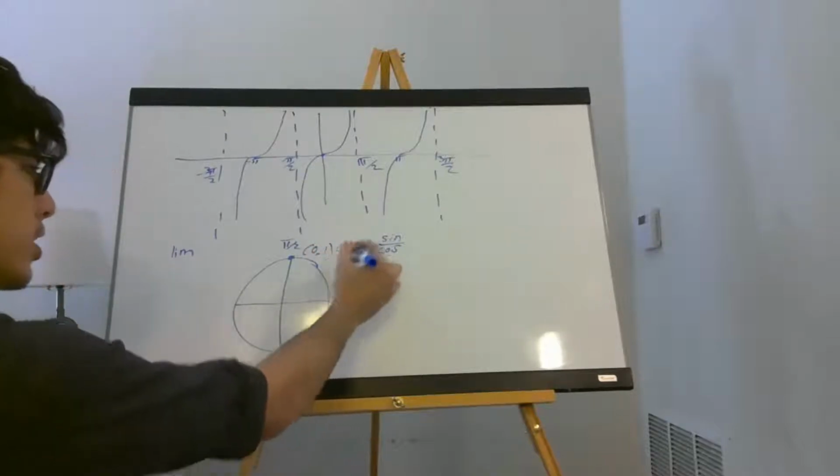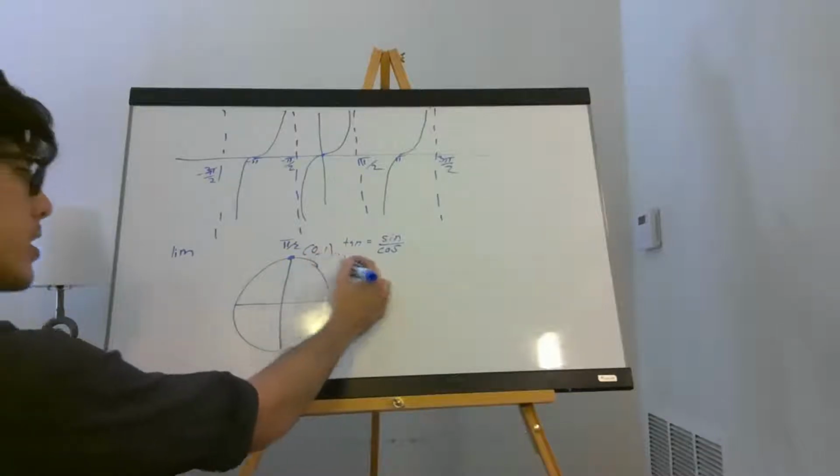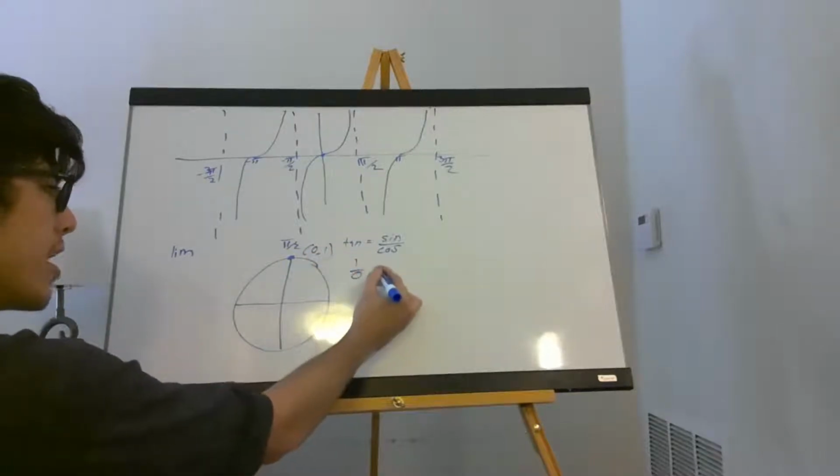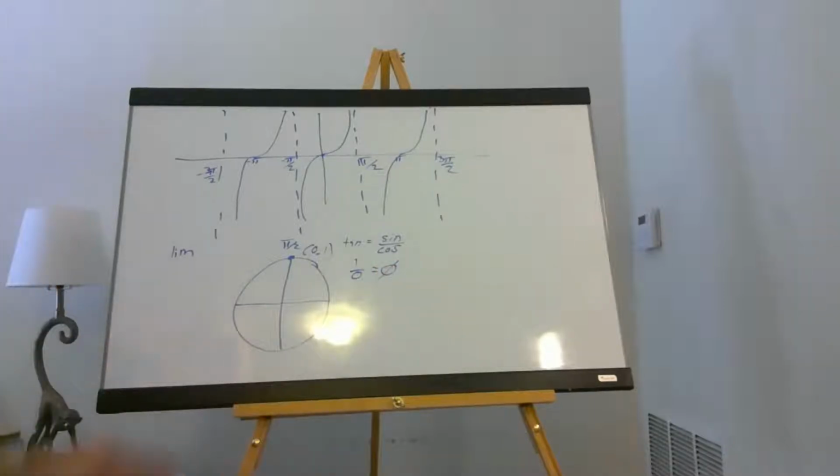And since tangent equals sine over cosine, with sine being y and cosine being x, 1 does not divide by 0. So we can't do that. That's why we have to use a limit from either the left or right side to truly get a good idea of what's going on here.